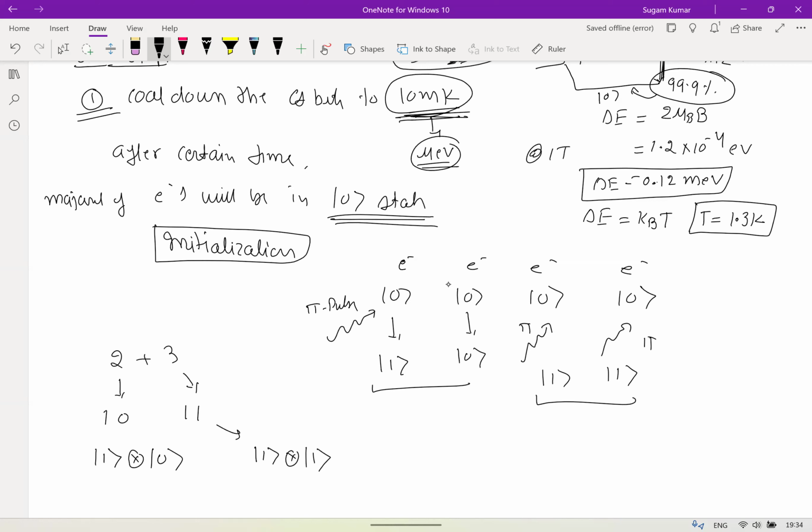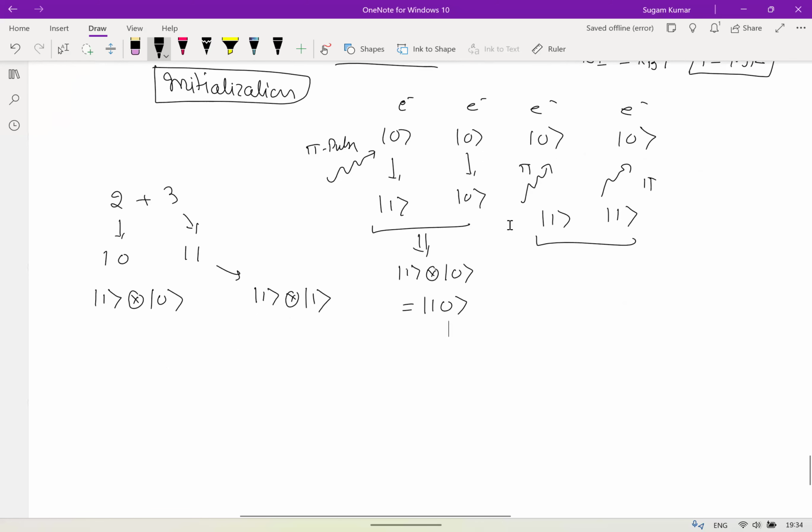Yes, sir. And when you take this as the input, this state is called 1 tensor product 0, and this is also written as |1,0>. But you cannot segregate electrons. So how do you ensure that a particular electron is being addressed with the pi pulse?